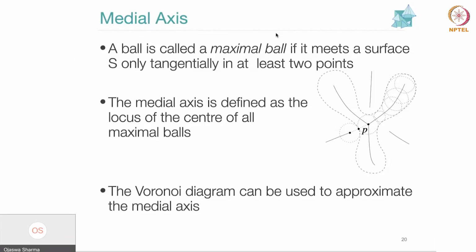It touches the shape tangentially, right? So you can see that I have drawn a lot of circles here that are maximal balls. All of these balls touch the shape tangentially at 2 or more points, and the medial axis is then defined as the locus of the centers of all maximal balls. Right? Does that make sense?